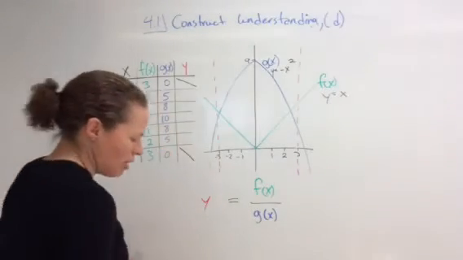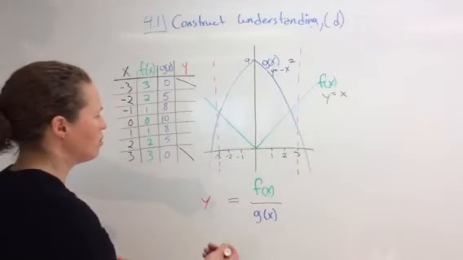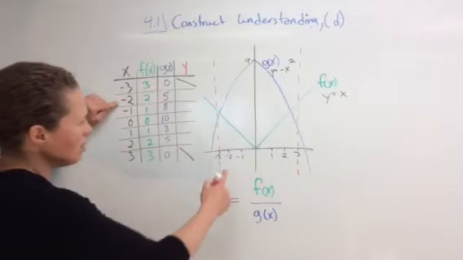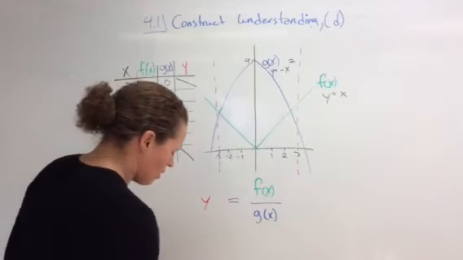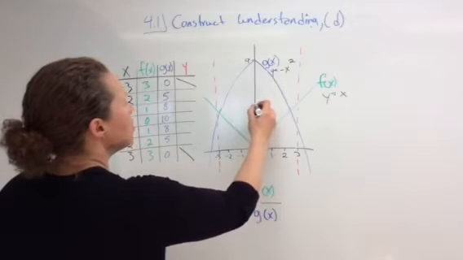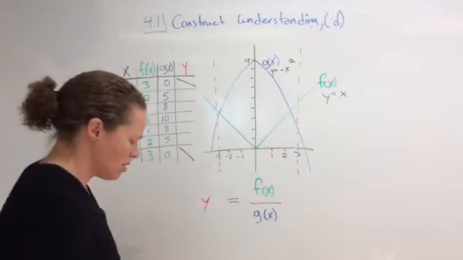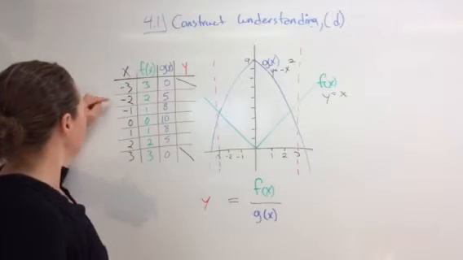So 2 divided by 5 is 2/5, so 0.4. So at -2, I can go to 0.4, and I really should be putting my ticks in there so that I can map this a little bit better.